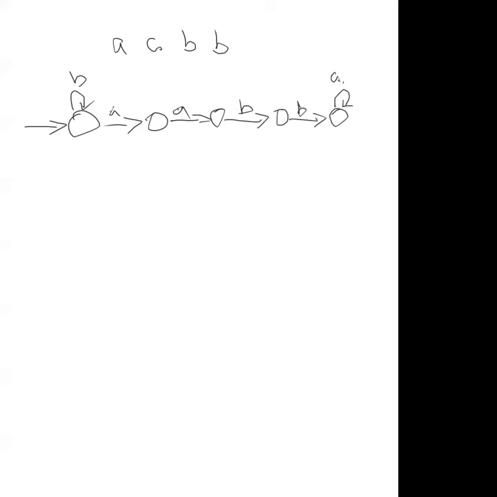Okay, and so now to construct a DFA, when we're doing contains, we just want to loop on B's here. And then whenever we see an A, we start the pattern and we're looking for A, B, B. And once we've completed the pattern, we can loop on all inputs.